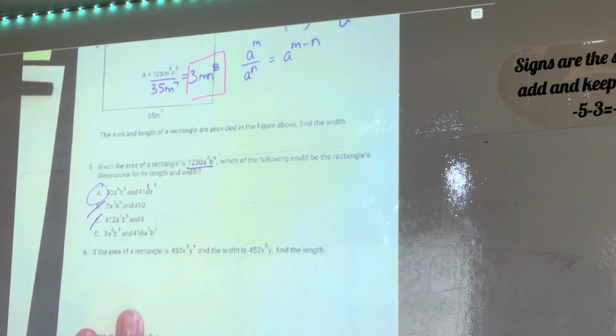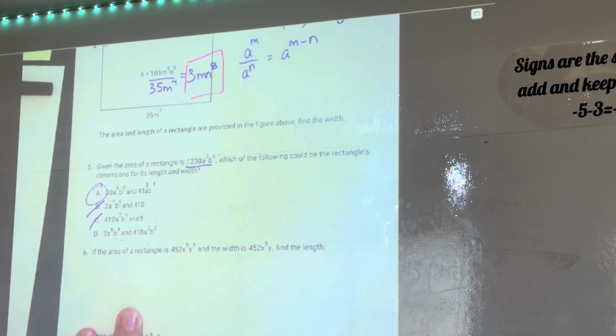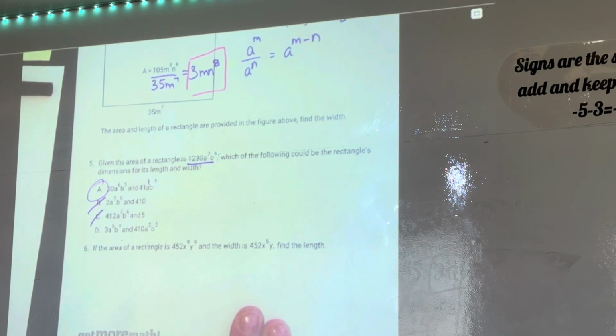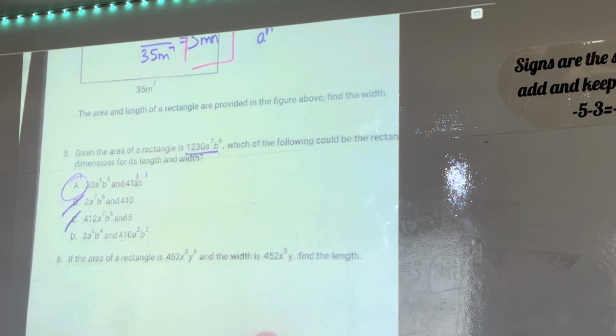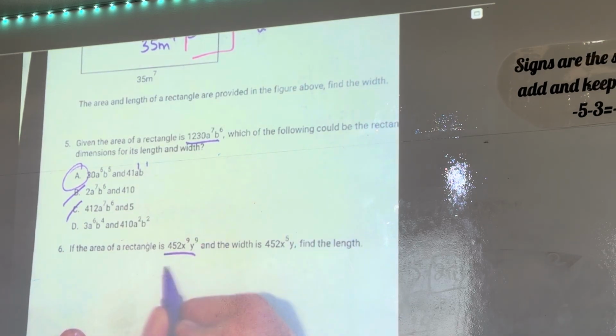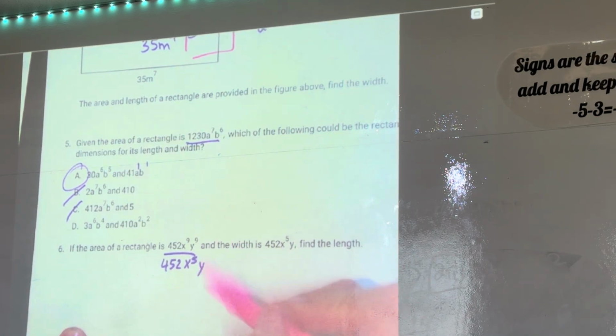Okay, last one. If the area is this and the width is this, find the length. So we're going to multiply or divide? Divide. Okay, so we're going to divide by 452, x to the 5th, y, and y. So what is 452 divided by 452? 1 cancels out.